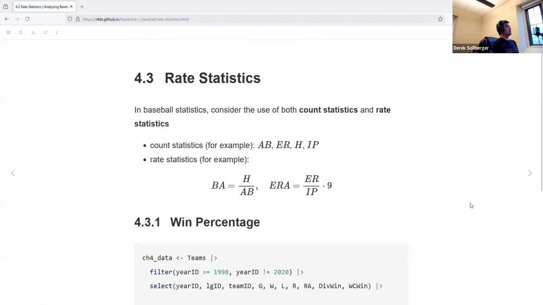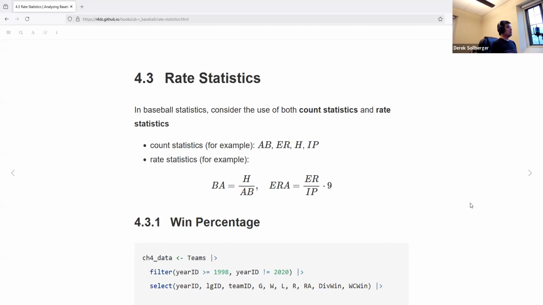Now, the reason I wanted to bring up the shortened season is because when we study baseball statistics, and I'm coming from the point of view as a statistics teacher, I want us to be mindful that we have both what are called count statistics and rate statistics. Count statistics, for example, could include the number of at-bats, number of earned runs, the number of hits, or the number of innings pitched. Whereas rate statistics, as you could imagine, are the ones that are formed by fractions.